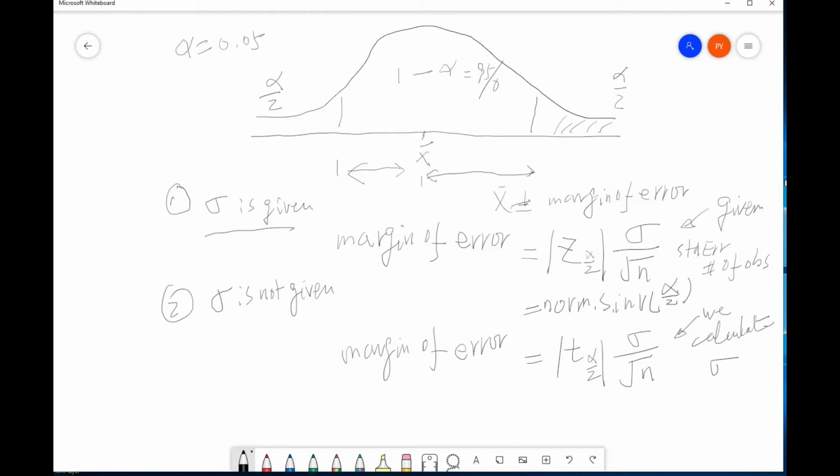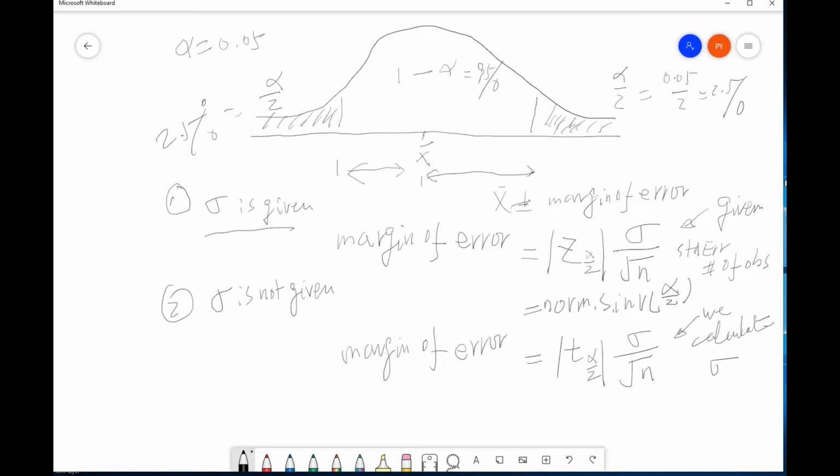For case number 2, sigma is not given. When we calculate the margin of error, we use the t distribution, with alpha divided by 2. Why alpha divided by 2? Because we have two tails, and the left tail is half alpha. In this case 5% divided by 2, so it's 2.5% on the right tail, and this is also 2.5%.